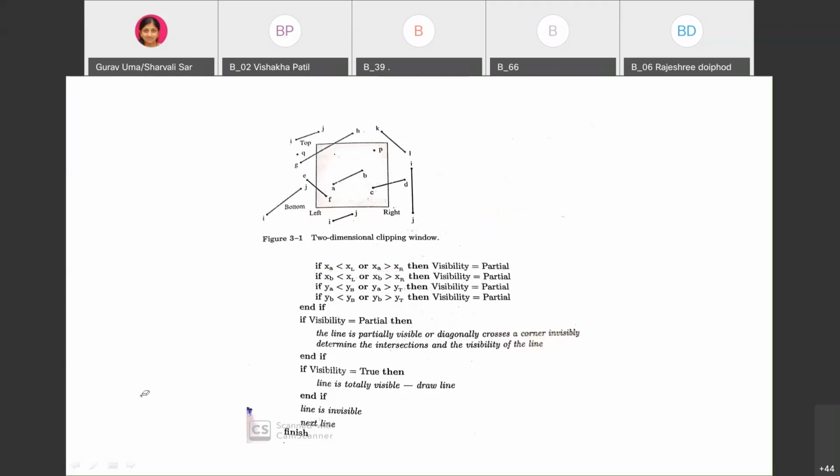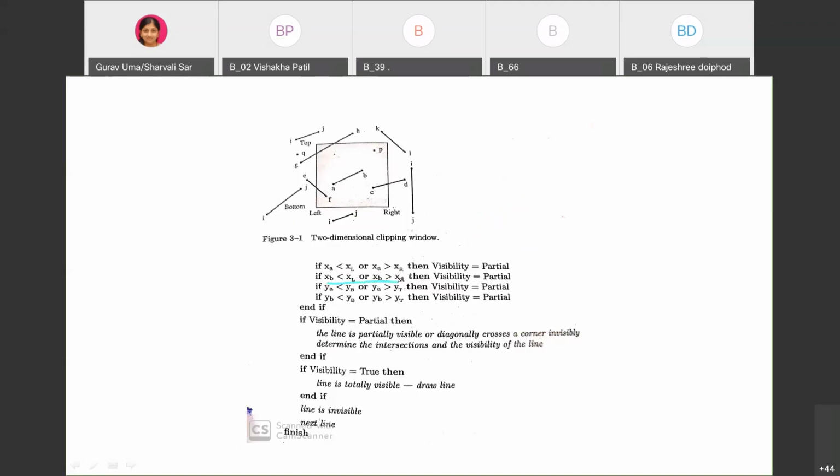Now see the next line: XB is less than XL or XB is greater than XR.